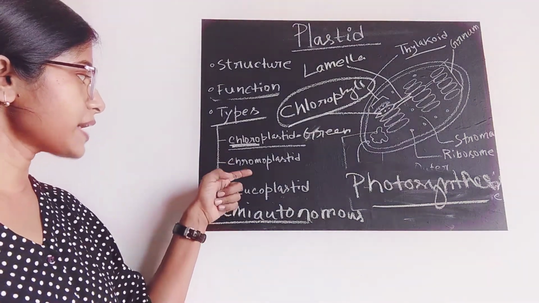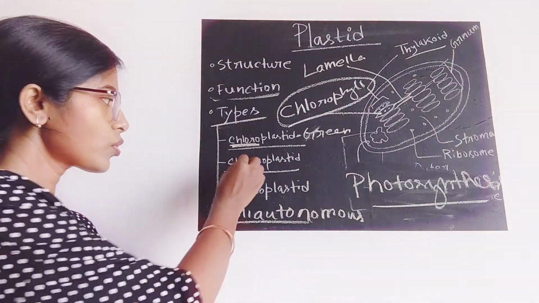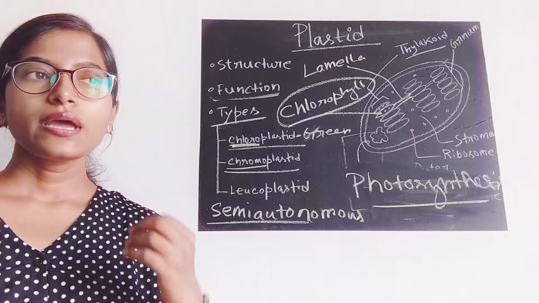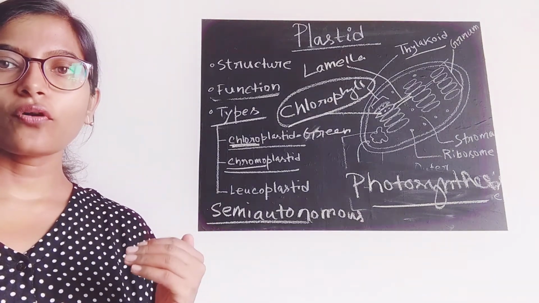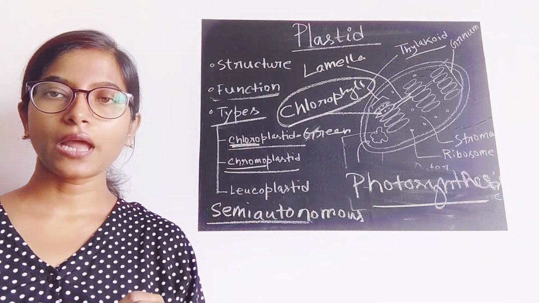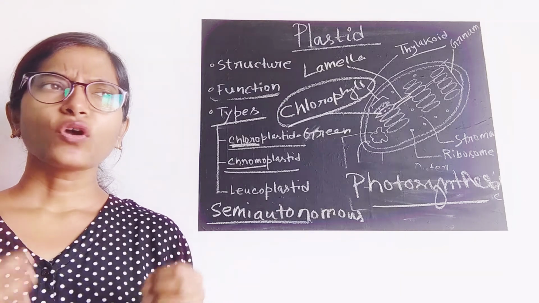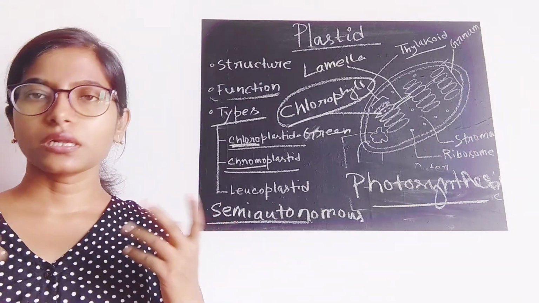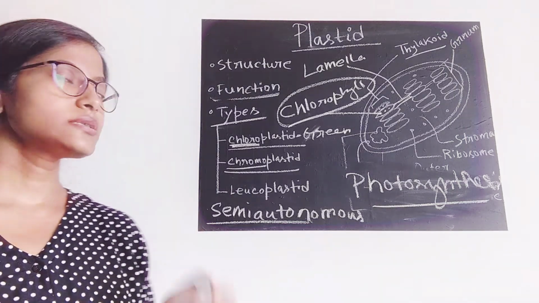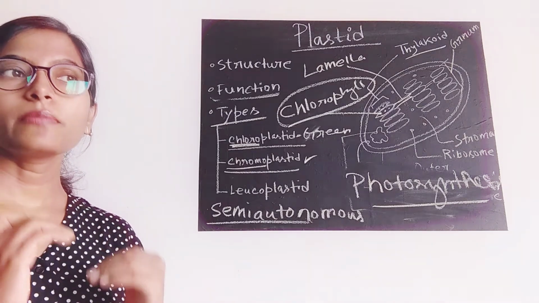Okay. Next type is chromoplastid. This word comes from chromo, meaning color. So it is responsible for giving different colors to plant parts, like the yellow color of flowers or red color or purple color, whatever other colors are there in the plant, that is being done by chromoplastid.